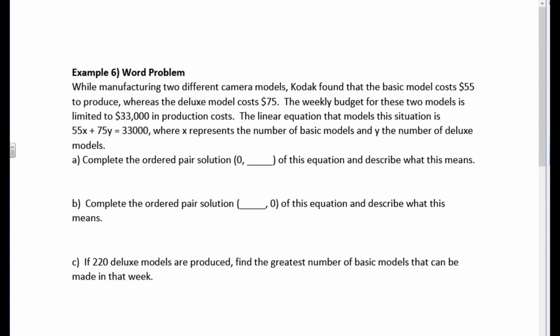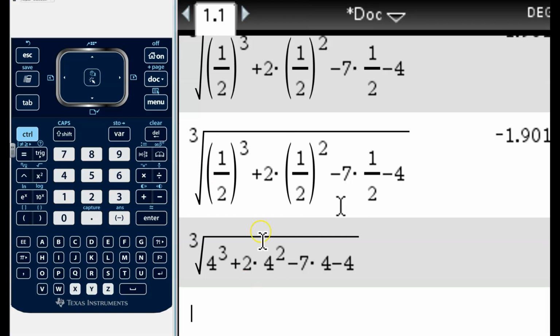So if I want to complete the ordered pair solution 0, blank of this equation, I would plug in 0 for my x. This would be 55 times 0 plus 75y equals 33,000. And basically that goes away. To solve this, I simply divide 33,000 by 75. I'd hop into my calculator.